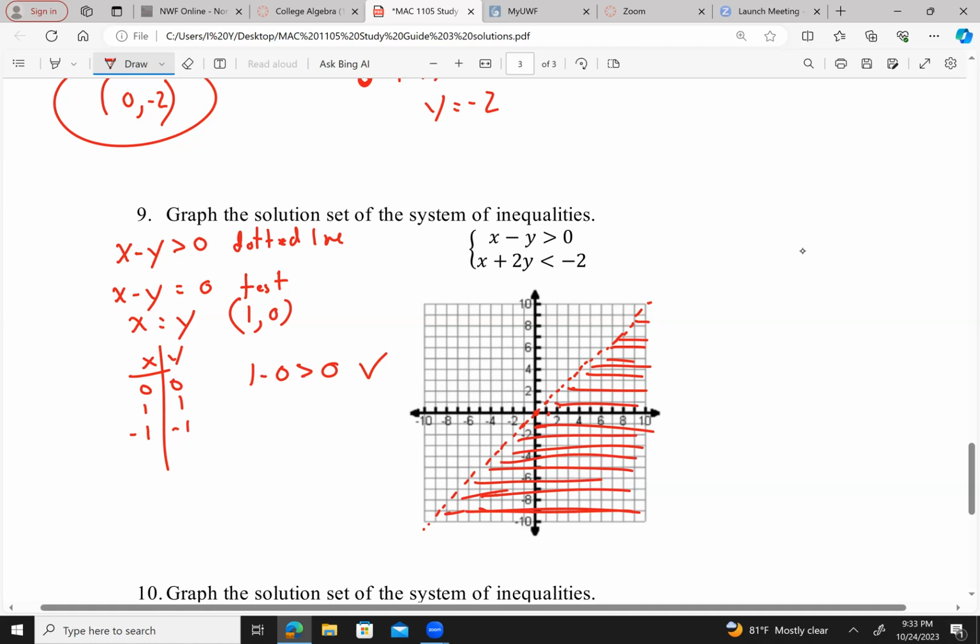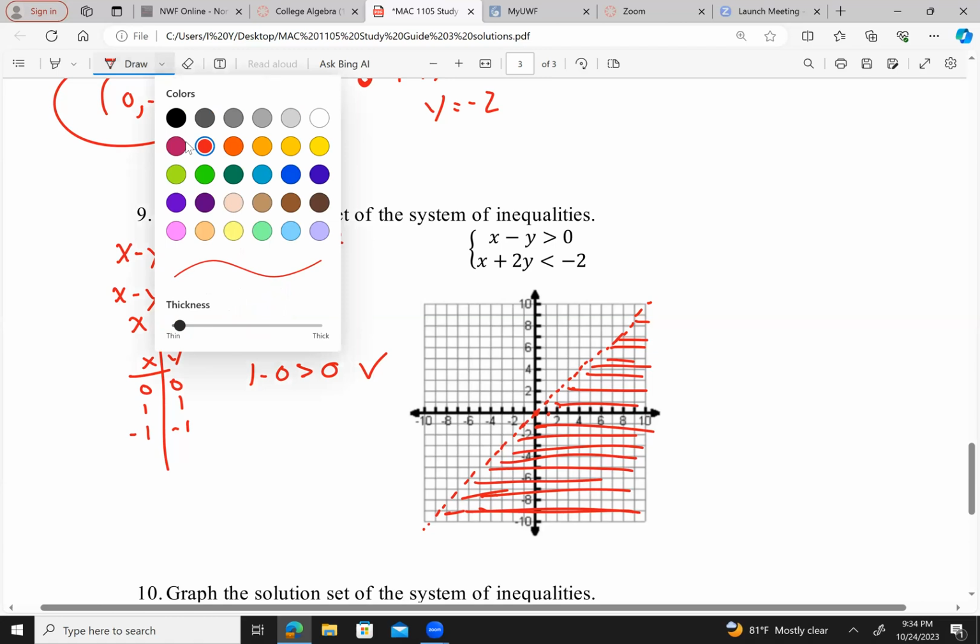All right, I'm going to change to a different color if it'll let me. And let's go blue.